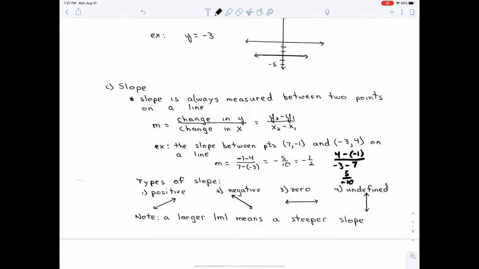It doesn't matter which point's first and which point's second, but it's always got to be the same direction. Whichever one you pick first, the x and the y have to be the same for that first point. So it's pretty simple. You just subtract the y's, change in y, over the change in x.